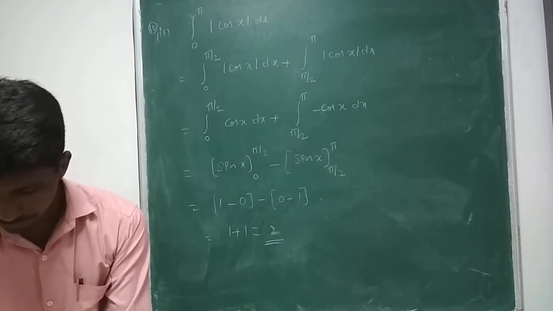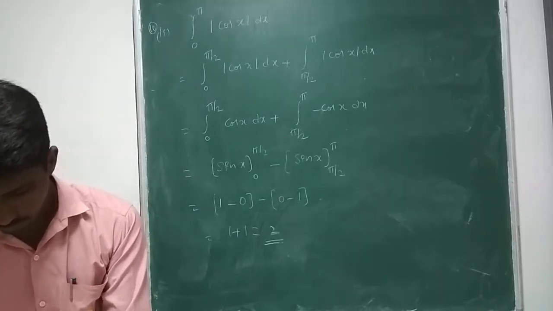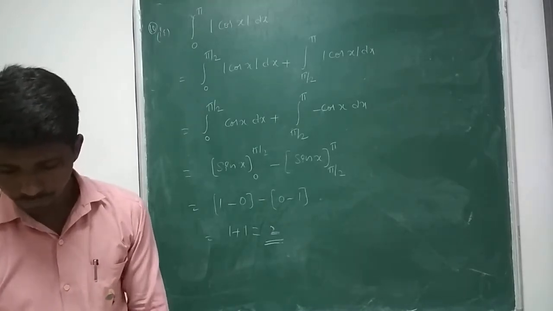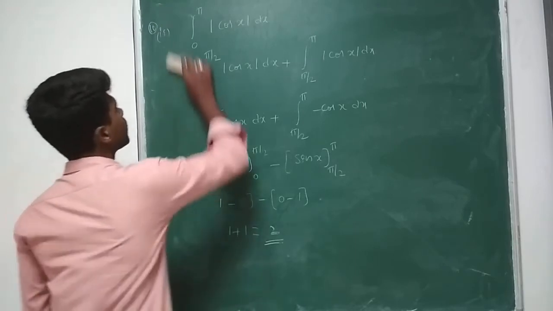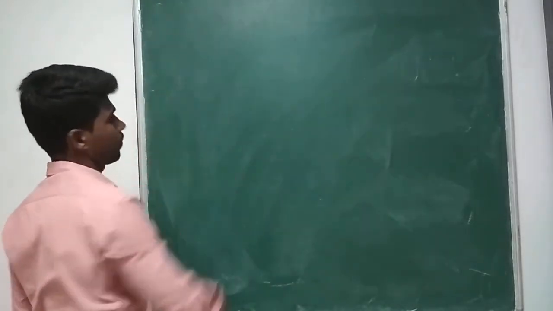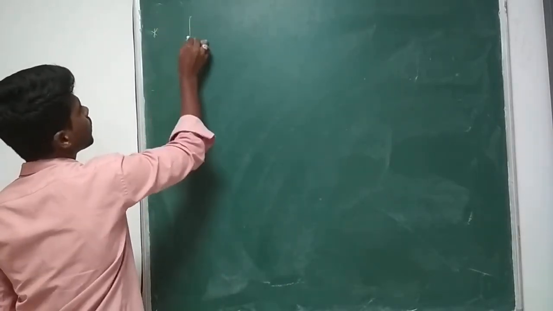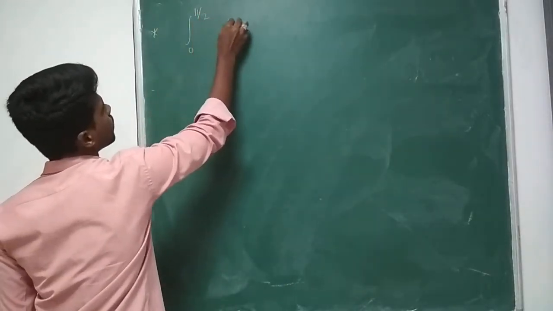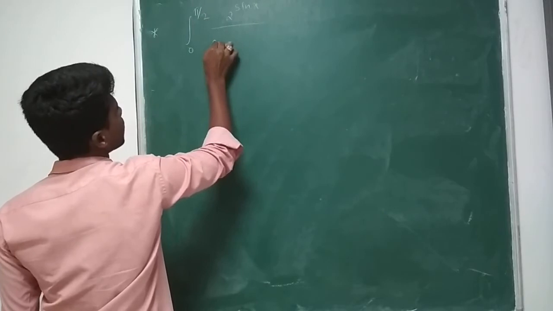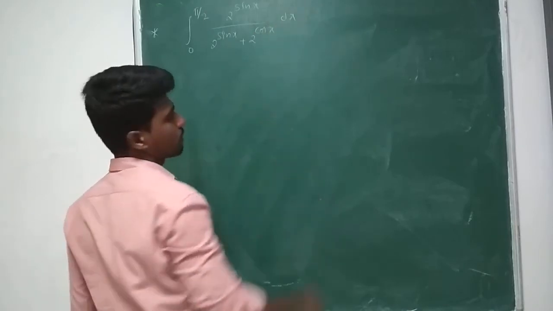Integral 0 to pi by 2, 2 power sin x by 2 power sin x plus 2 power cos x dx.